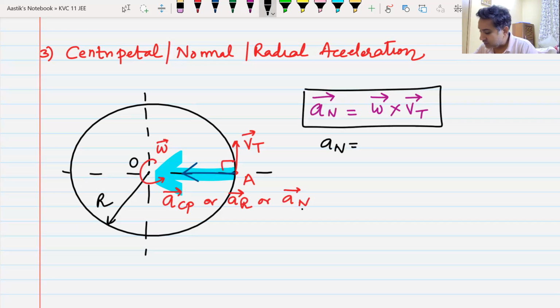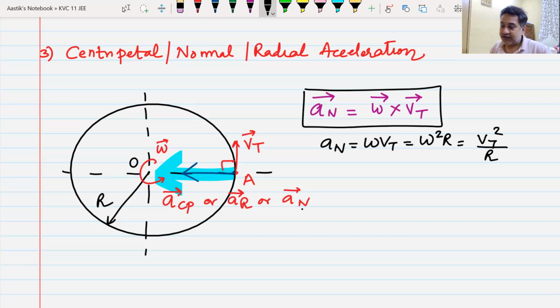A scalar equation also, you can write it as omega Vt. But you know that Vt is omega into r, so you can write it as omega square r, or Vt square by r. Normally in the question, they will not give V as Vt, they will just say velocity. Remember, whenever they say velocity, they mean tangential velocity.